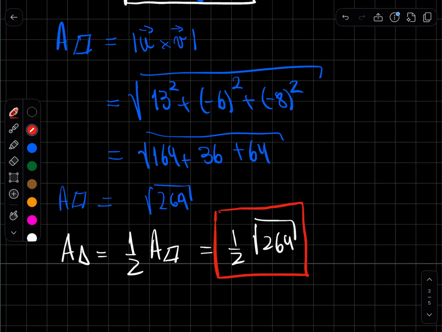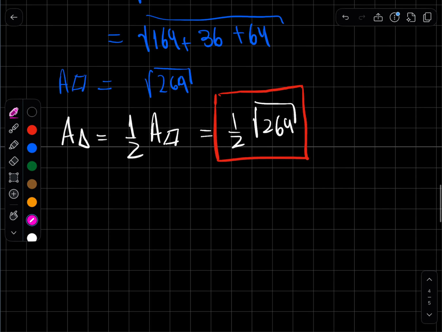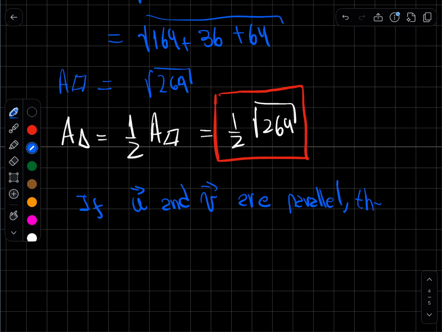That is pretty cool also for the following reason. If the two vectors are parallel, then u cross v is all 0, 0, 0.